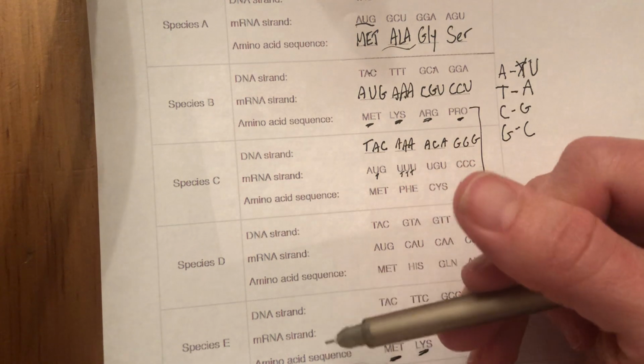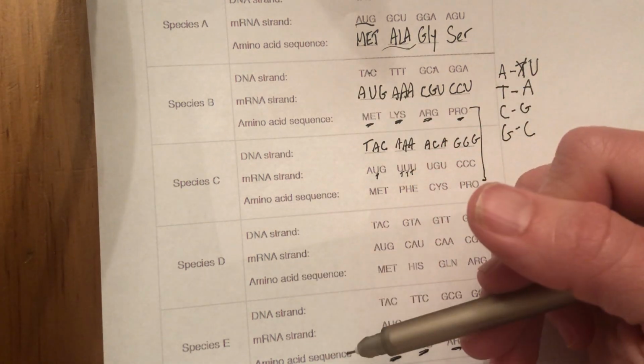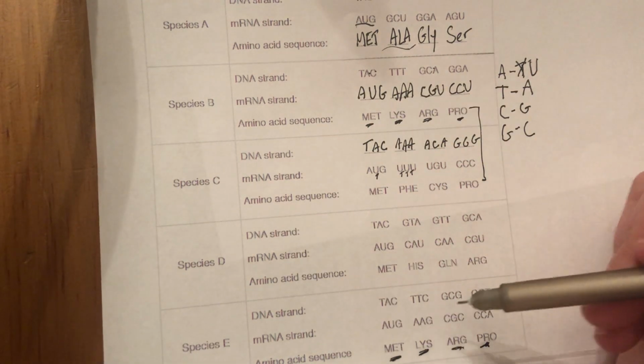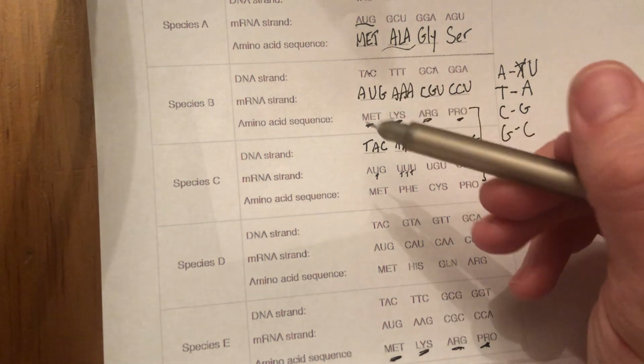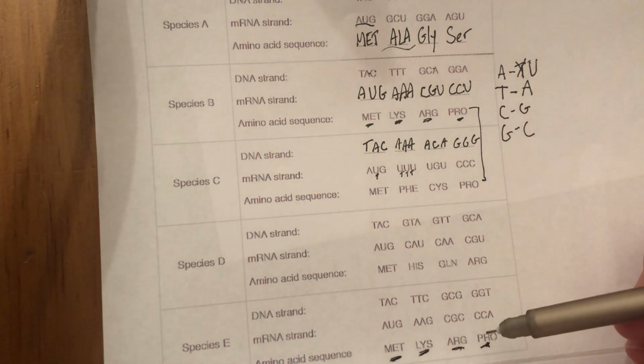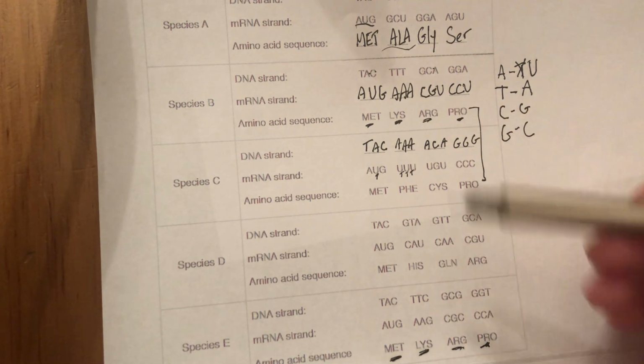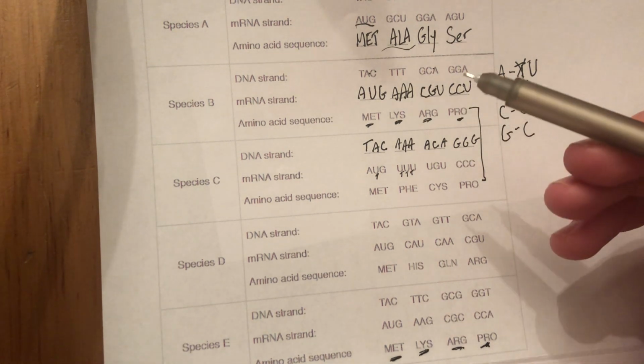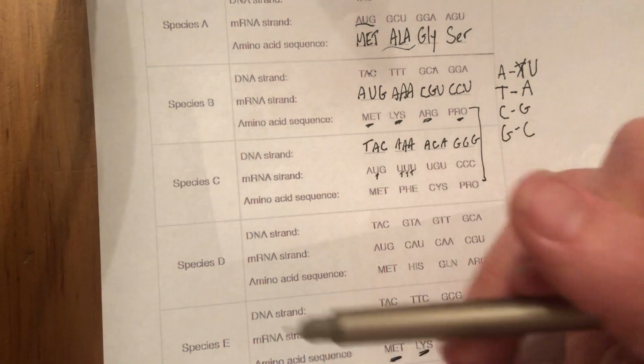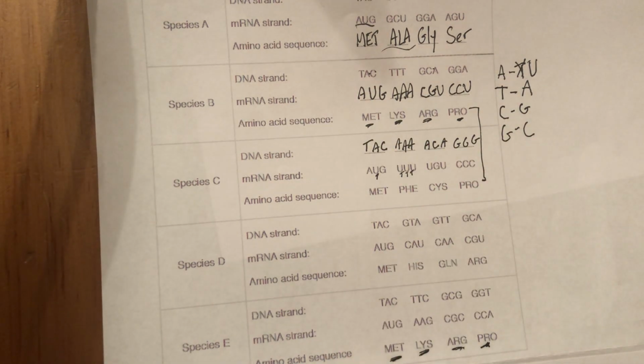B and E, these two species are going to be the most similar in this gene, okay? Because they have identical amino acids in the same order, which means they're going to make the same protein, okay? So these two are going to be considered the most closely related organisms, species B and species E. So that's the answer for that one, okay?